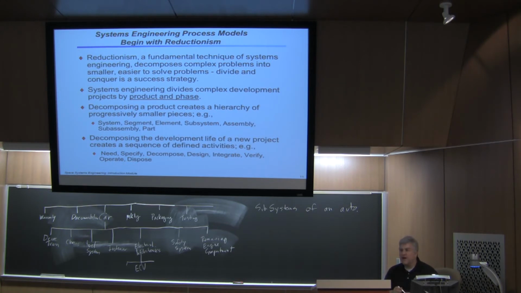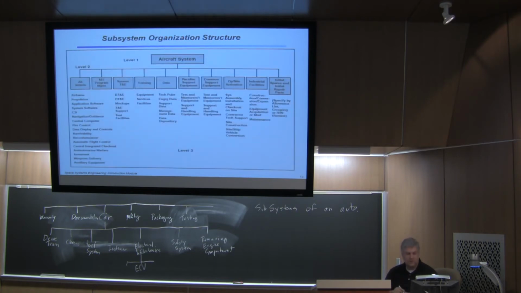Then you specify the requirements for what this automobile will do. Do you have requirements for miles per gallon, head-on crash performance, size, room, emissions, etc.? Then you decompose the problem like this, design each one of the subsystems and components all the way down, integrate them all together, verify, test, operate, and when you're done, dispose of your project.